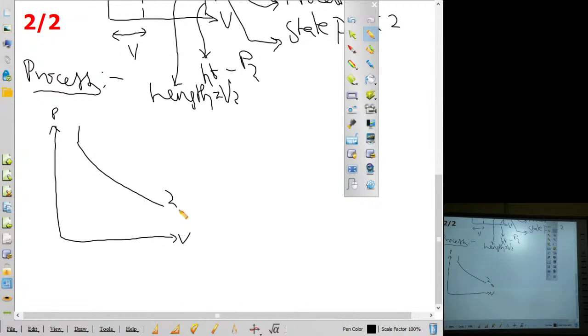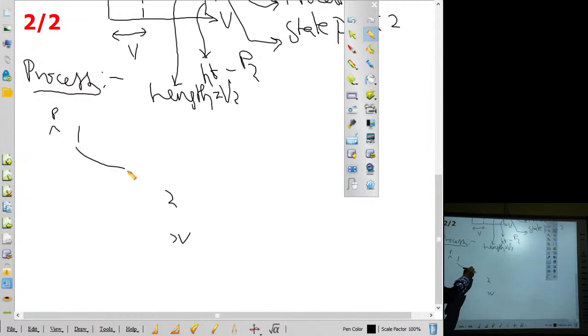Accordingly, you will get the curve for that process. So now I will show a smaller one here. Then this is the PV diagram.